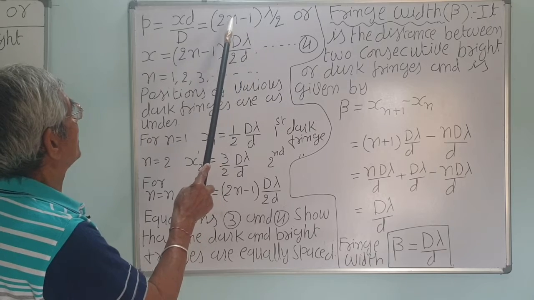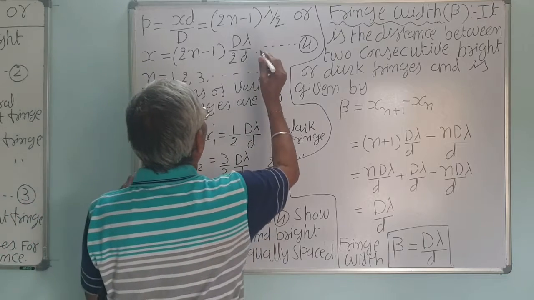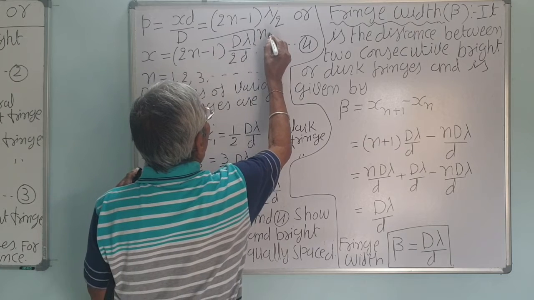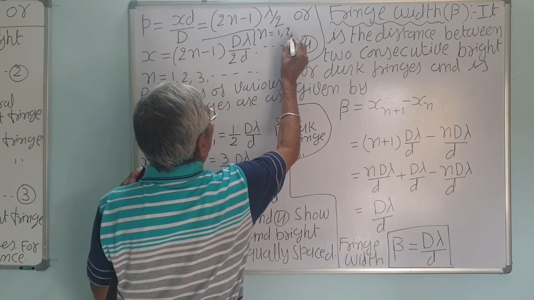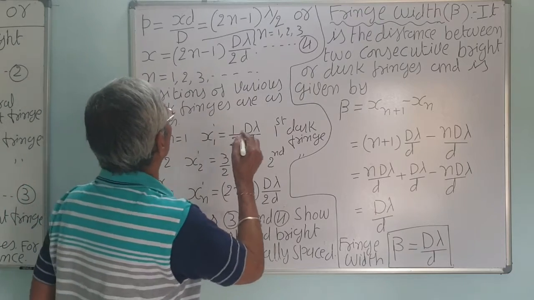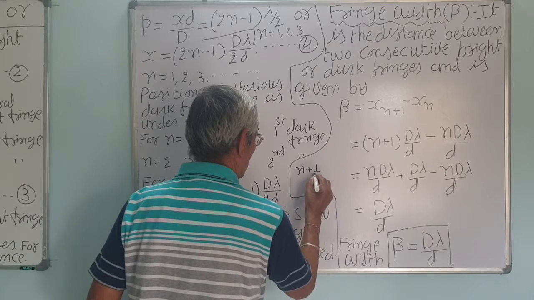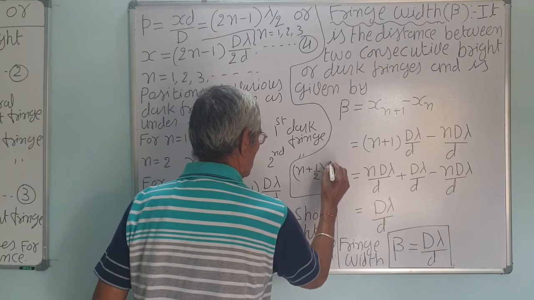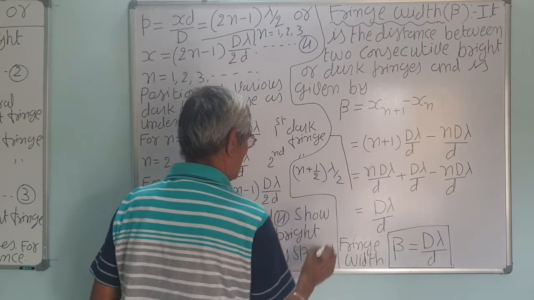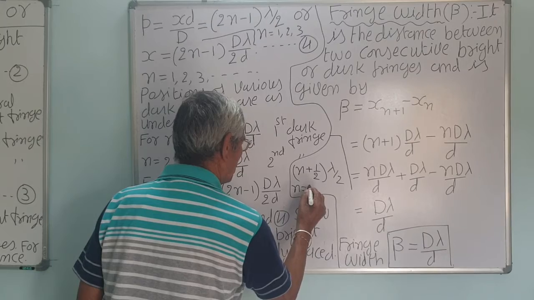Here n is equal to 1, 2, 3, etc. Remember, in some books it is given as (n plus half) lambda. If the path difference is this, then n is equal to not 1 but 0, 1.